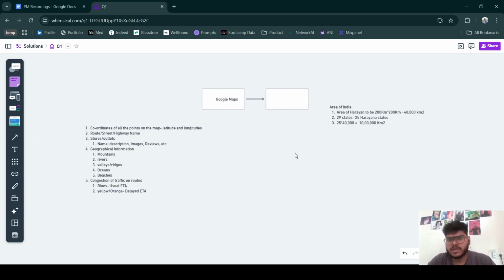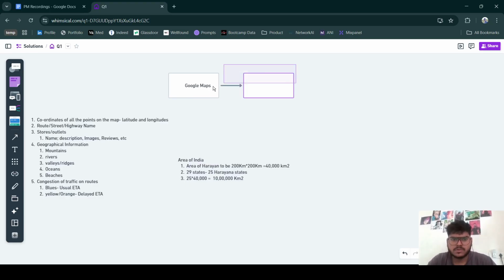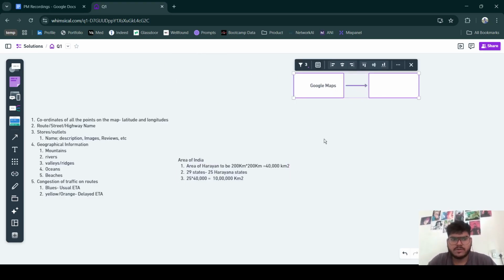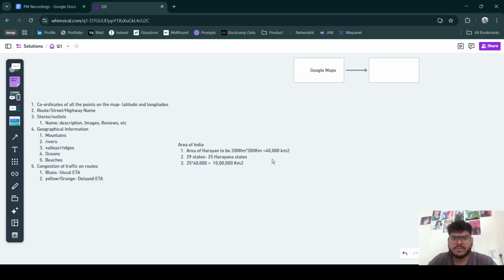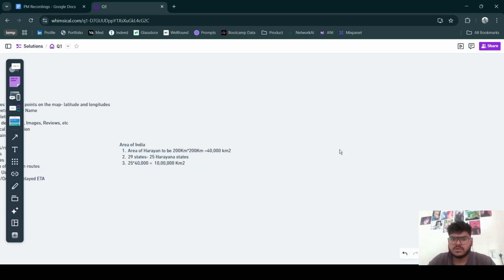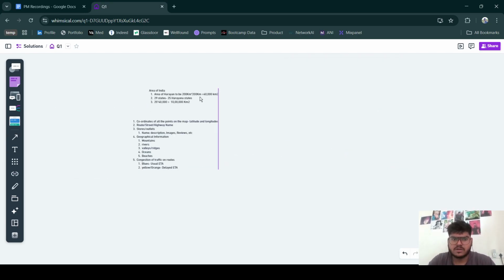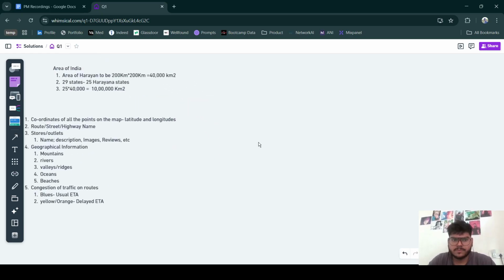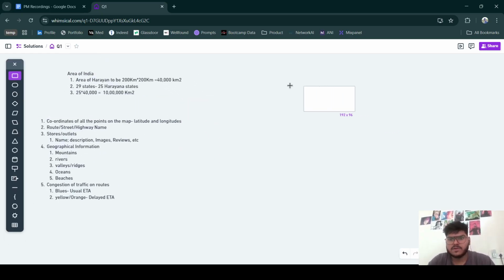So assuming that each point on the map has a coordinate of latitude and longitude, let me just clear this and start with this calculation.